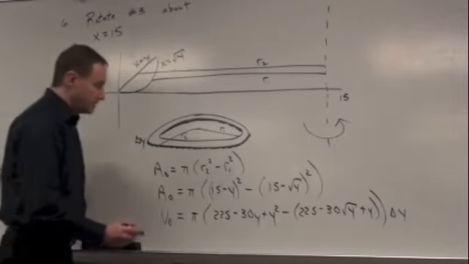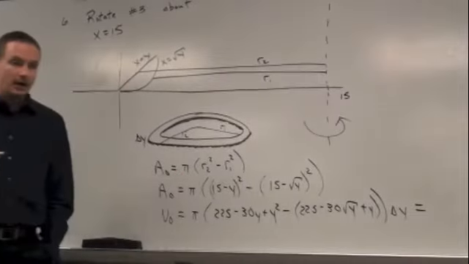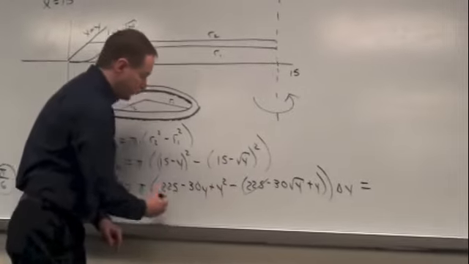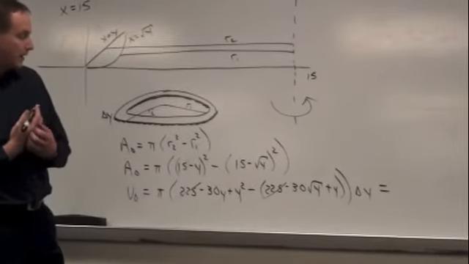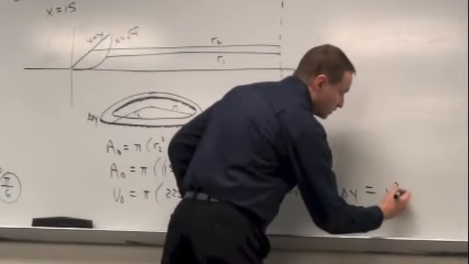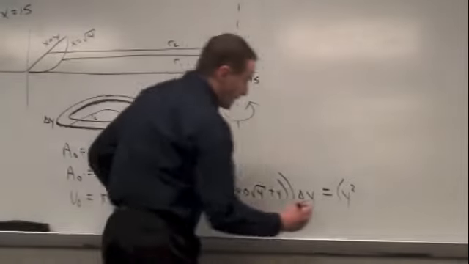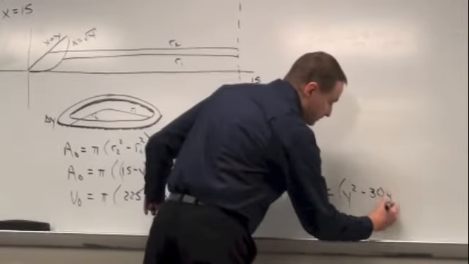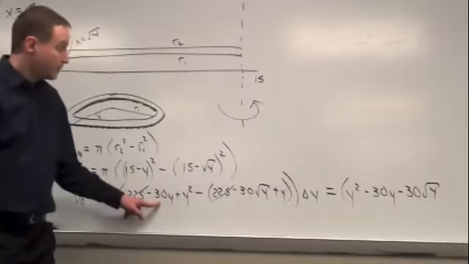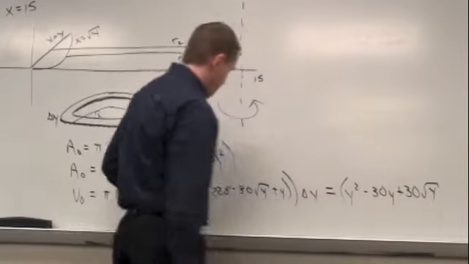So some simplification, I'll say this volume of arbitrary cross-section, 225 minus 225 eliminates. I'll have y squared minus 30 root y plus 30 root y.